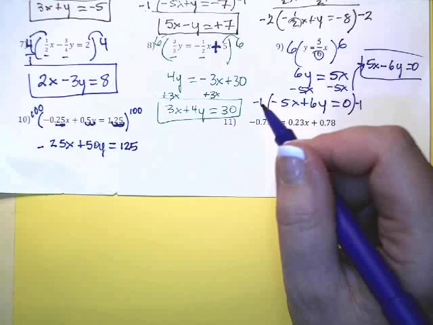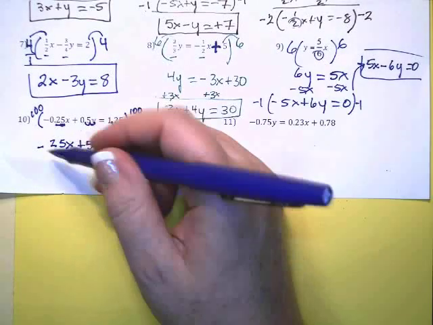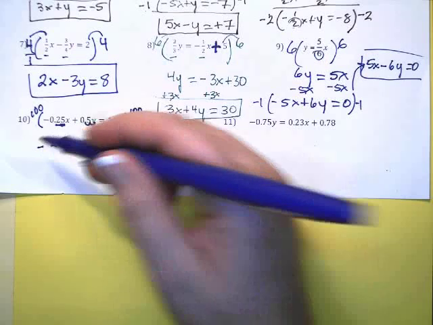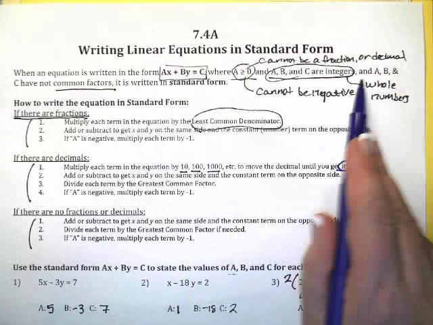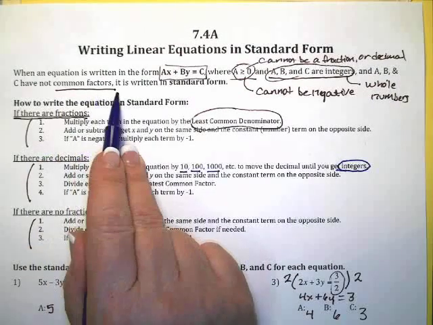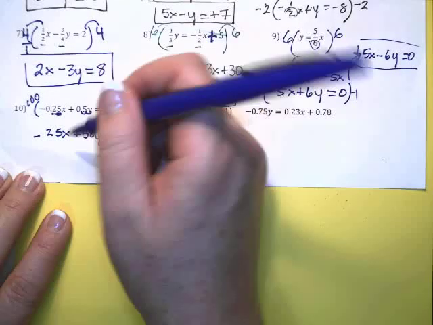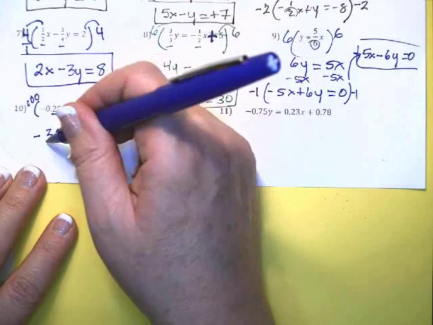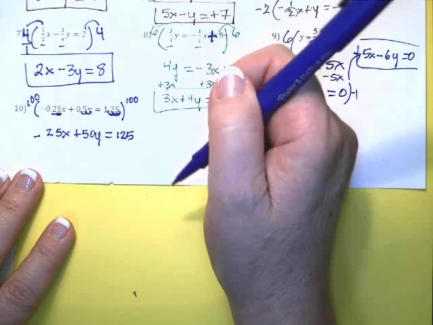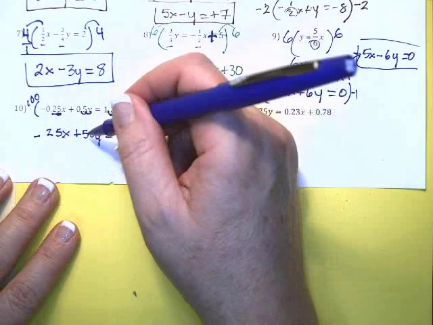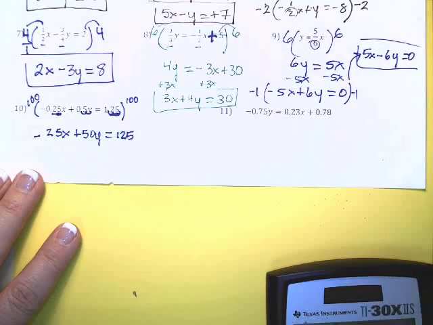Now the other thing that we need to talk about, besides that A cannot be a negative, is that A, B, and C can have no common factors. So let's go ahead and look at these numbers. We have 25, 50, and 125. They have common factors. 5 will go into 25, 5 will go into 50, and 5 will go into 125, but we want to find the greatest common factor.